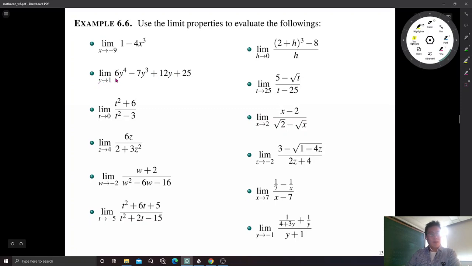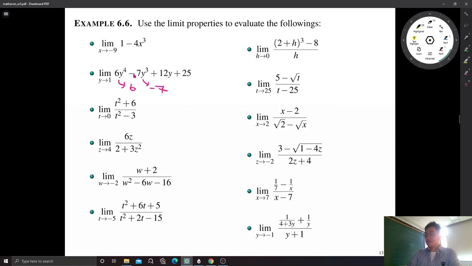Then for 6y to the fourth, a constant 6 can be factored out, and for y to the power four, we can first take the limit of y and then raise to the power 4. So this approaches number 6. Likewise, negative 7y cubed approaches negative 7.